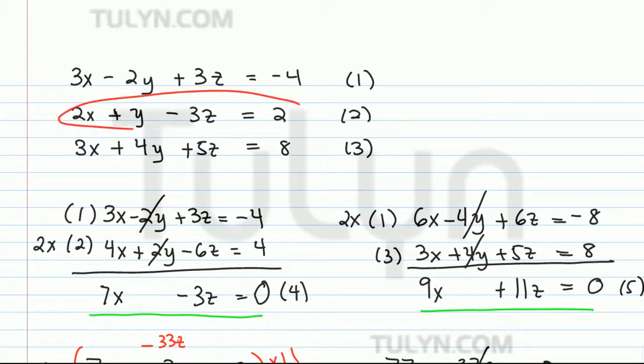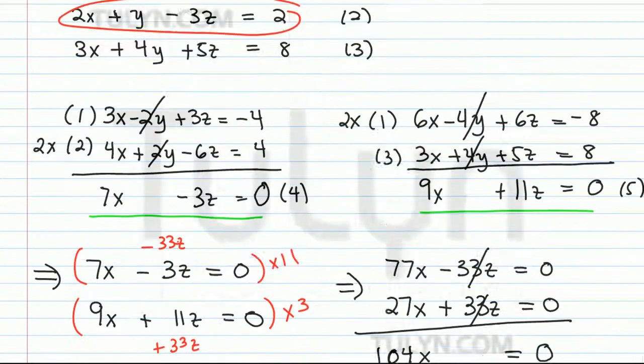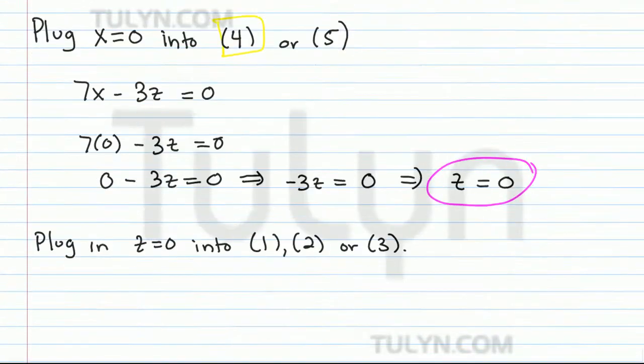It seems like equation 2 might be the best for us. So let's rewrite equation 2, which states that 2x plus y minus 3z is equal to 2.